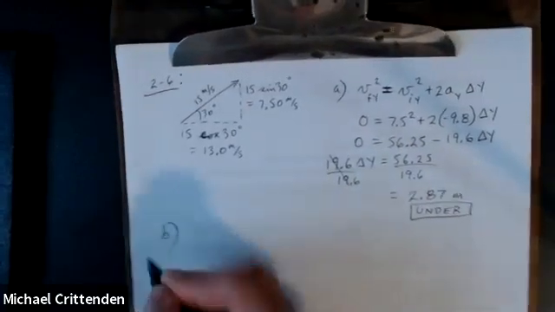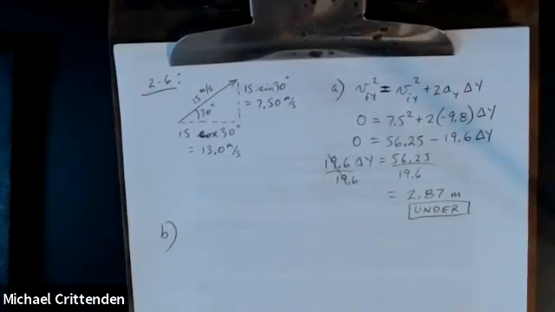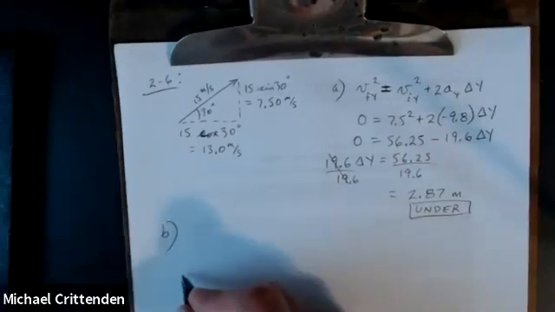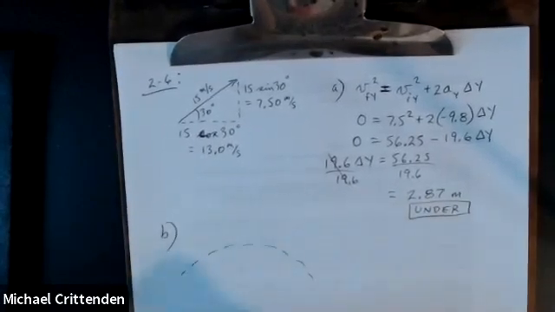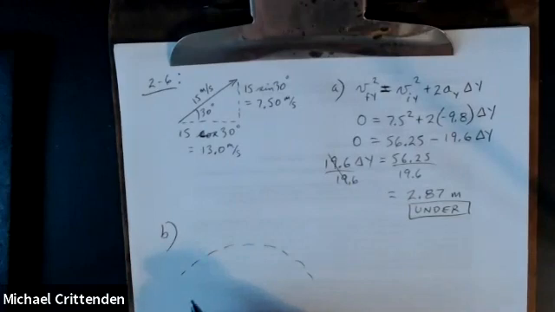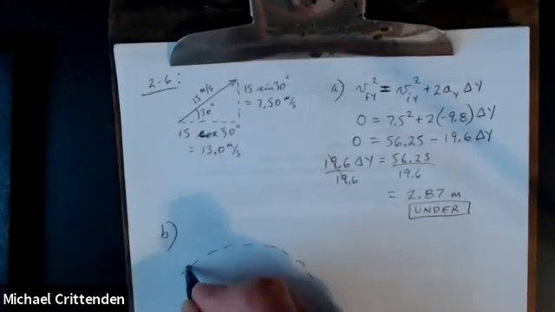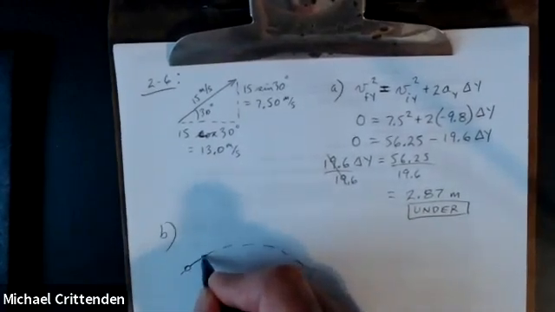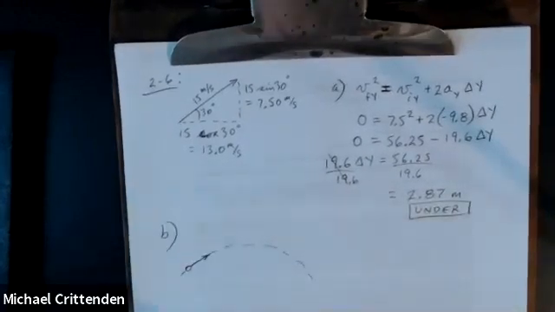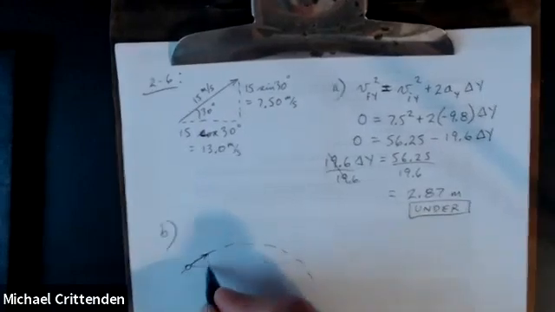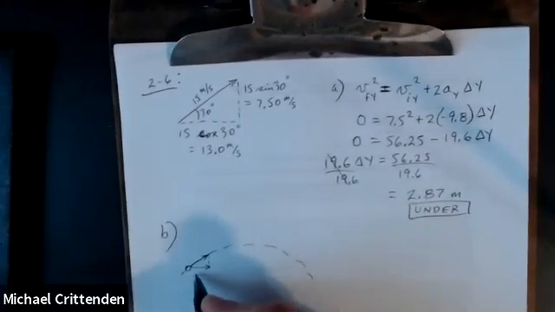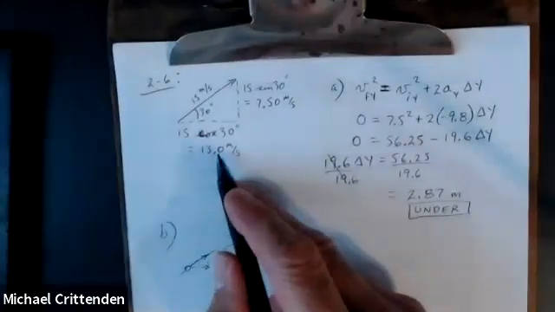Part B, the speed of the football as it reaches its maximum height. Well, there's the parabolic arc that the football is moving along. And when it's here, it has some velocity whose x component is 13 meters per second.